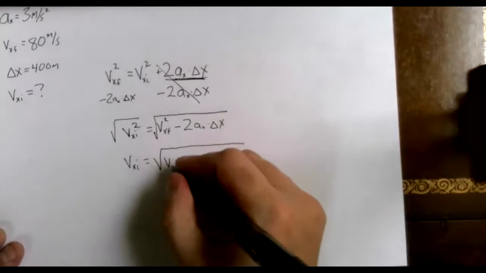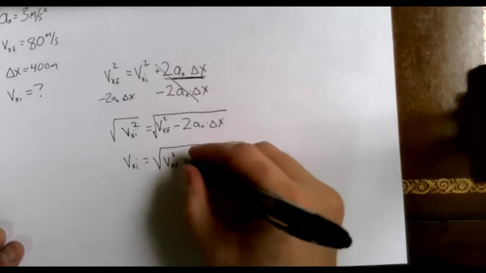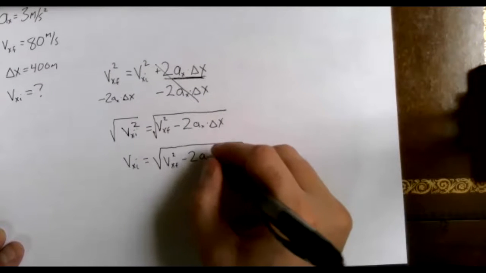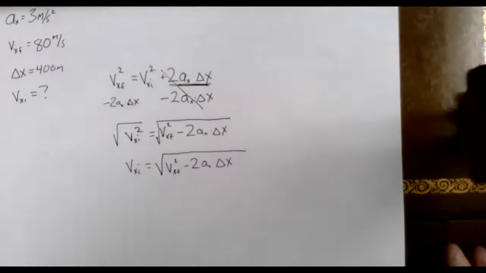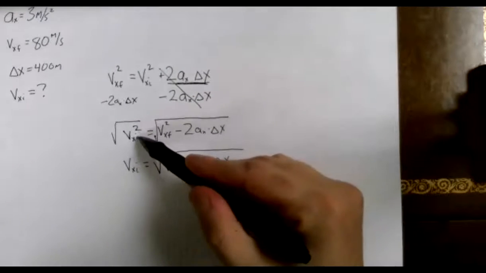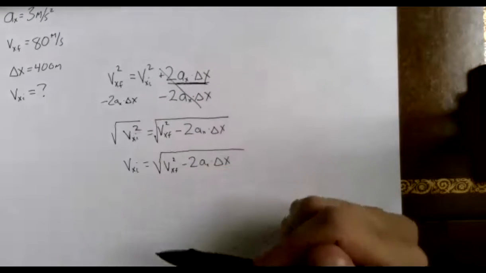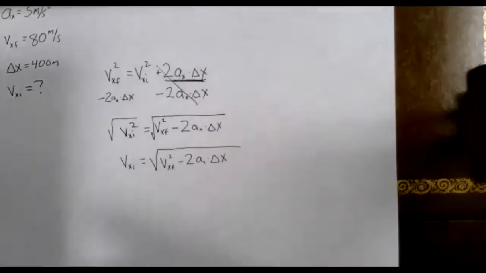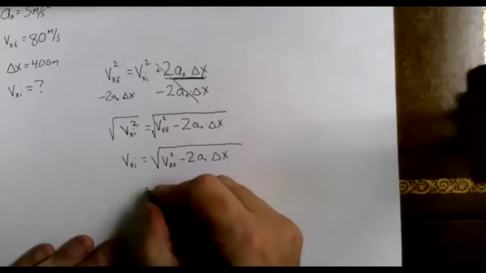And then I can't really simplify this any further. I'll have to plug it in just like this. Remember, I didn't want the square of the initial velocity, I just wanted the initial velocity, so I had to take the square root. And now I can plug my numbers in.